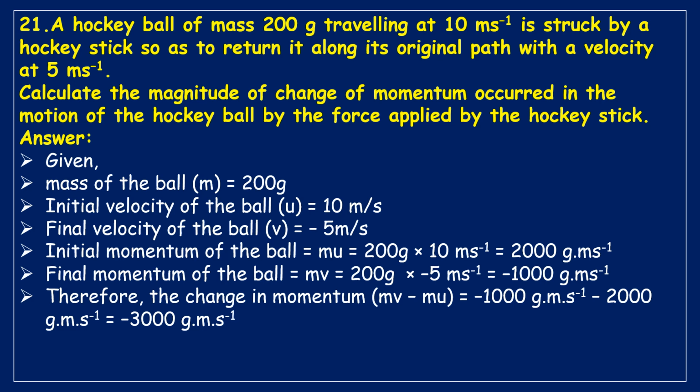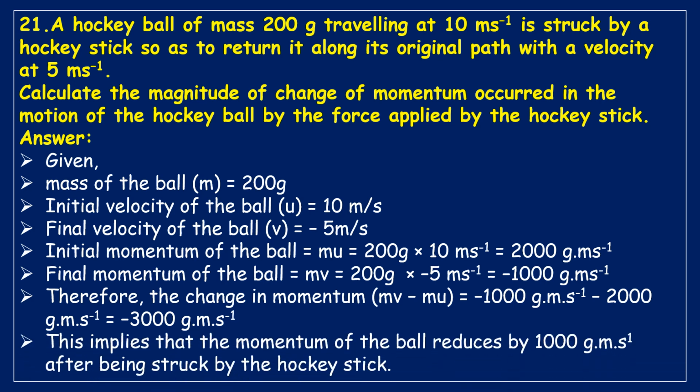Opposite direction, right? This is the change in momentum. This implies that the momentum of the ball reduces by 1000 grams meter per second after being struck by the hockey stick, right? This is the answer we have.